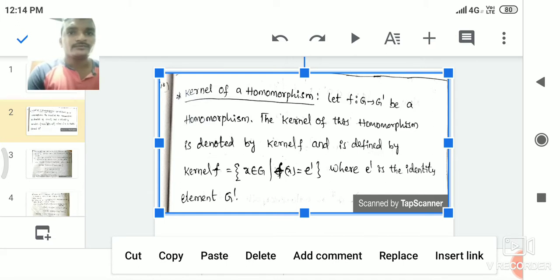If G dash is a group with respect to addition, the identity element e dash is 0. If G dash is a group with respect to multiplication, the identity element e dash is 1. Now we go for the first problem.